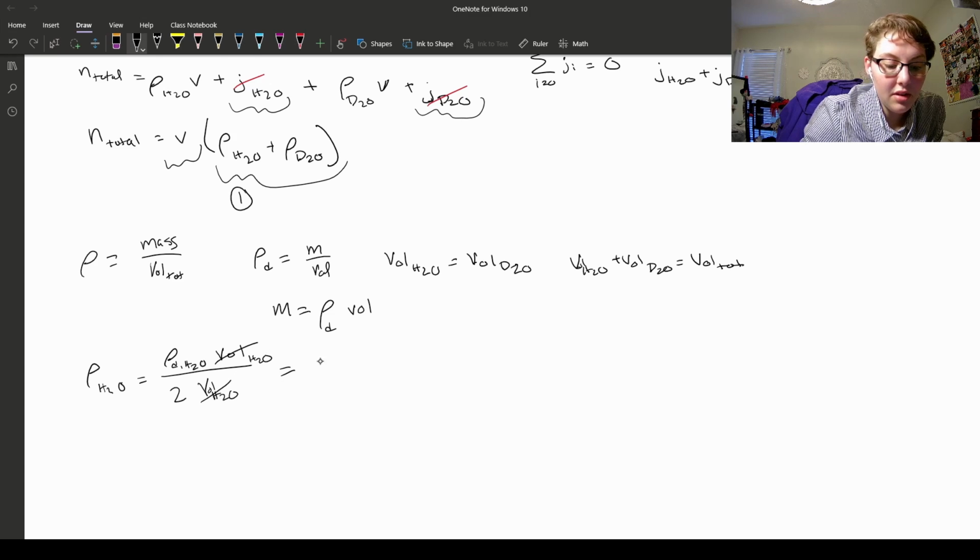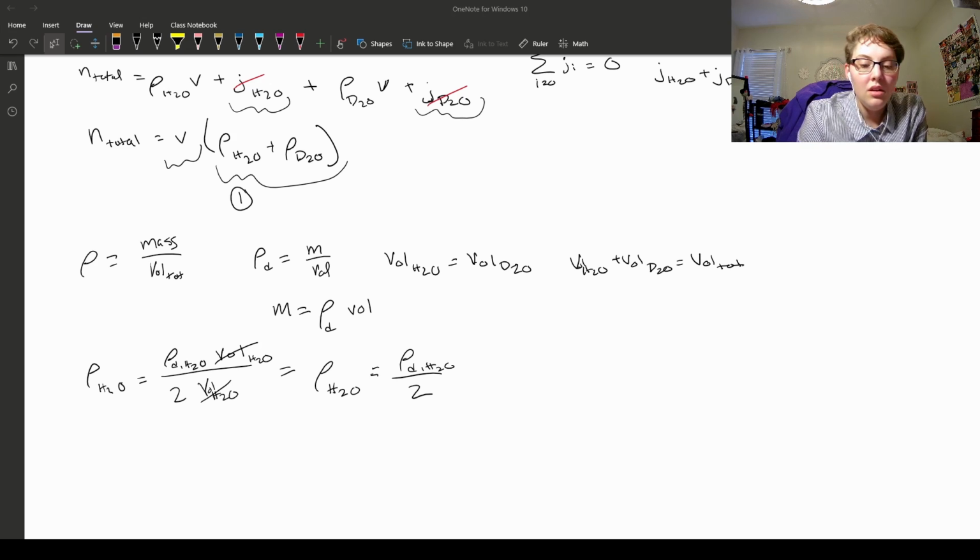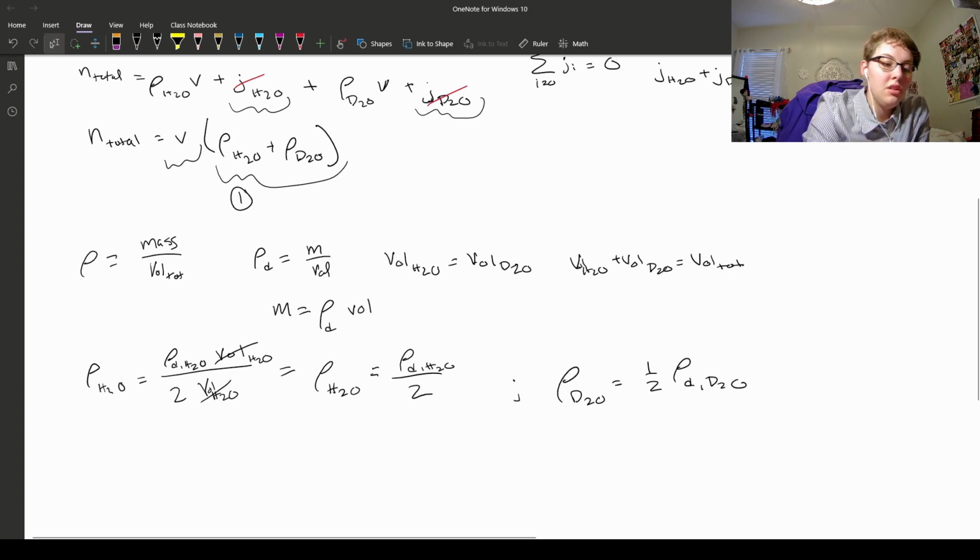That, of course, we can cancel out, and then the mass concentration of H2O is going to be equal to the density of H2O divided by 2, or 1/2 times the density. The same is going to be true for the mass concentration of D2O. It's just going to be equal to 1/2 of the density. That right away gives us the equation in terms that we know for these mass concentration variables.